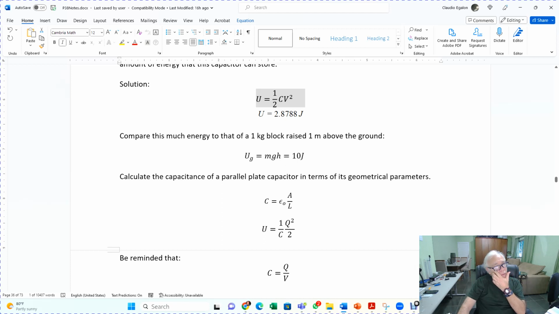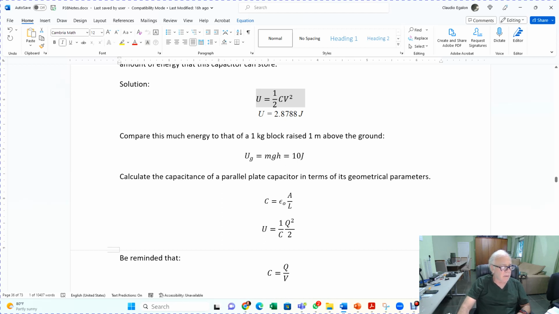This equation applies to a cylindrical capacitor, a parallel plate capacitor, a spherical capacitor, and any other arbitrary geometry. We want to know what the equation is in terms of geometrical parameters of this parallel plate capacitor. So how do we do that?